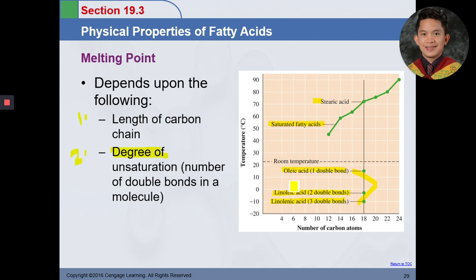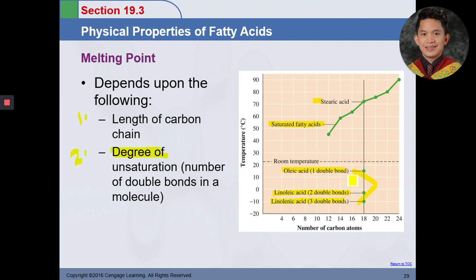Furthermore, in saturated fatty acids, the longer the chain, the higher its melting point. Okay? So lantawan ninyo diri sa atong saturated fatty acids. Mas taas daw kuno ang chain, okay, as indicated by this green line here, the longer the chain, the higher its melting point.